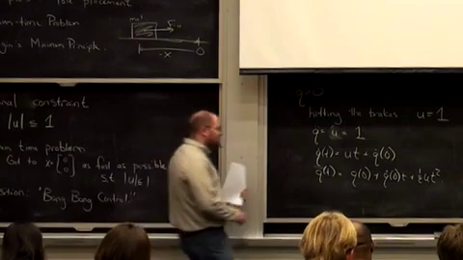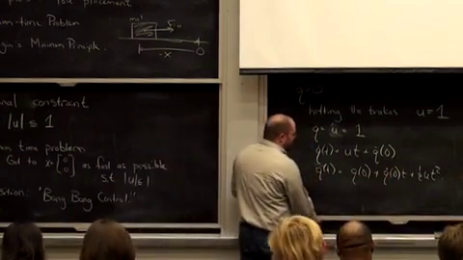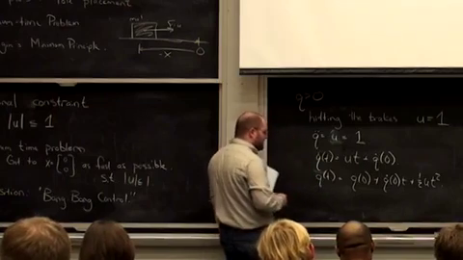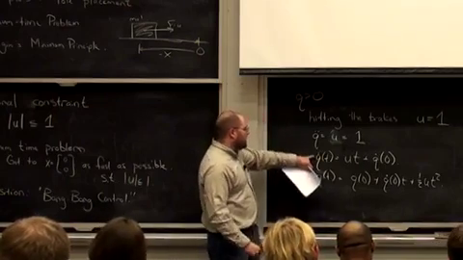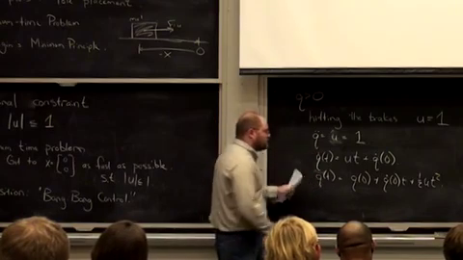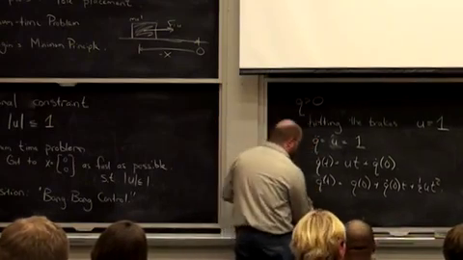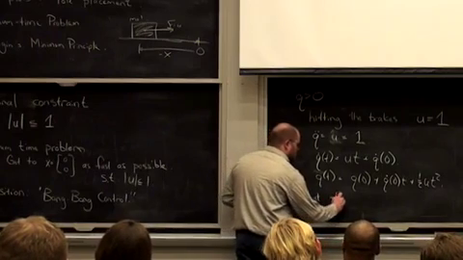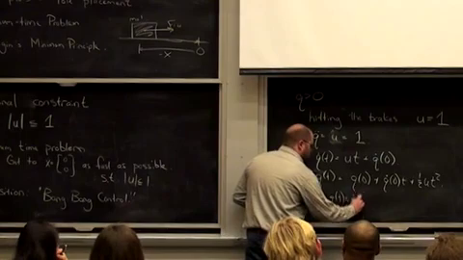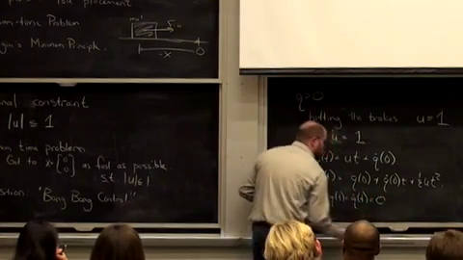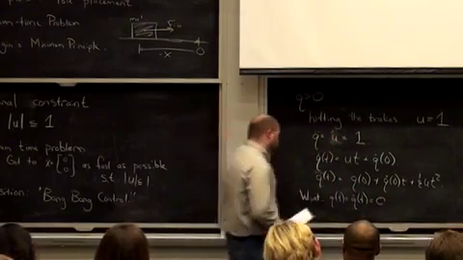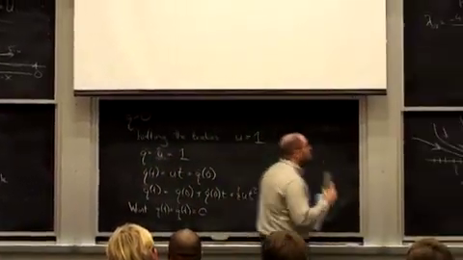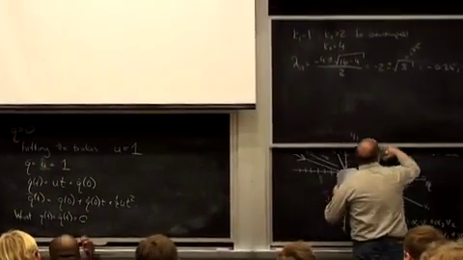Let's figure out, if U is 1, what trajectories are going to get me so that at some t final, Q of t and Q dot of t are 0. Simple enough, a little manipulation. I'm going to solve for Q0 and Q dot 0.